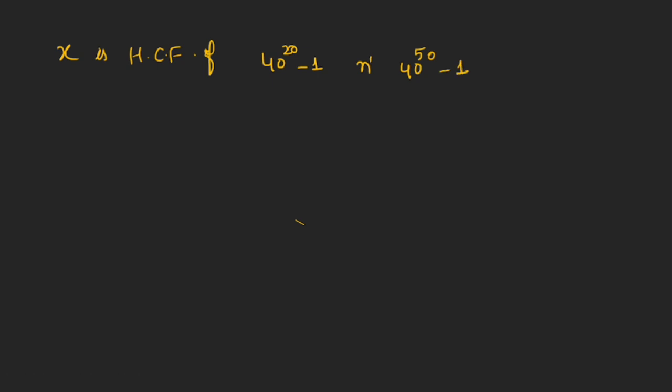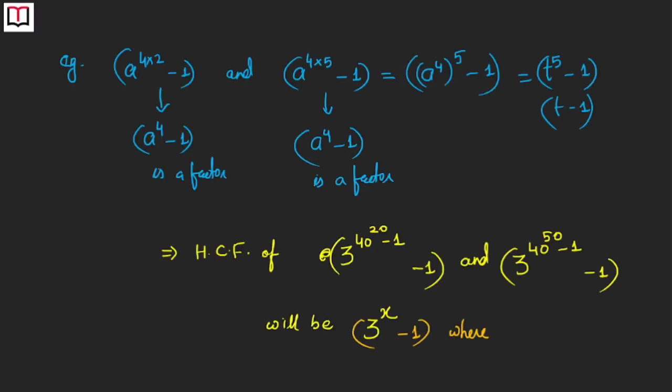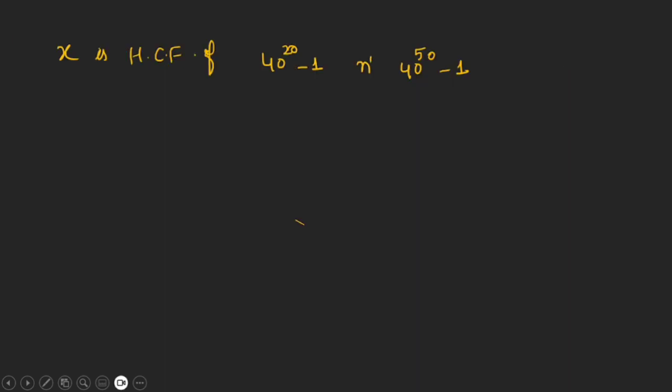That's what we did here, if you observe. We went for the highest common factor of 4 into 2 and 4 into 5, which is 4, and hence we got the common factor.